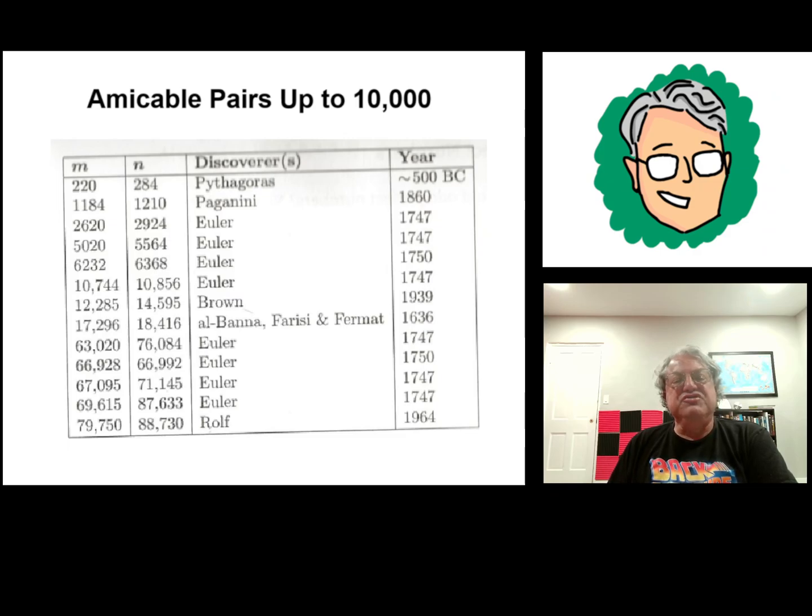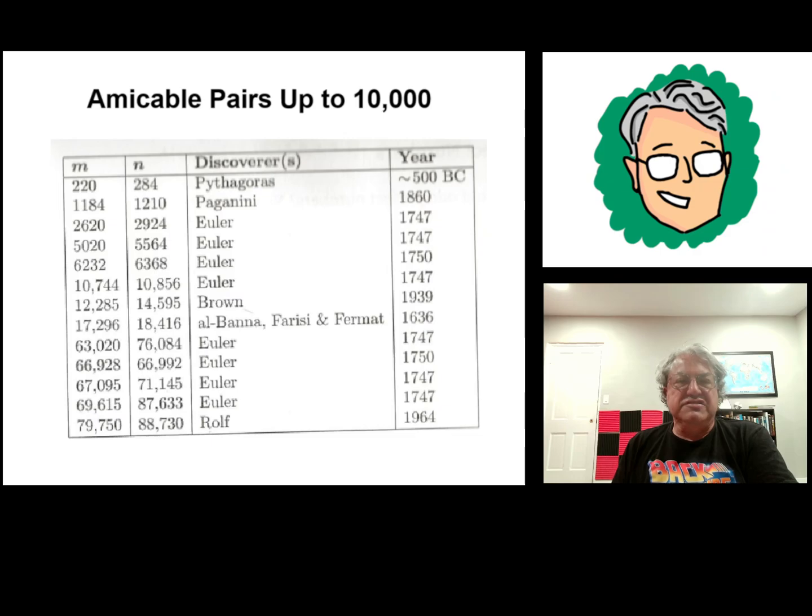The biggest one that was known was the last one on this list, where the numbers in the pair are not even 100,000. But these were all the known amicable pairs up to 100,000. I think it was already known that there were no other ones, by the way, that this was a comprehensive list.